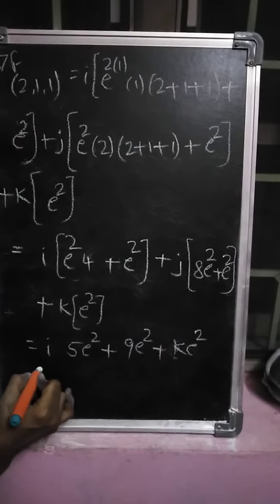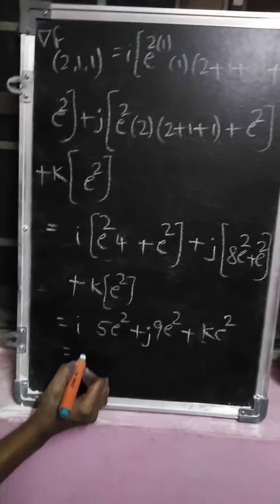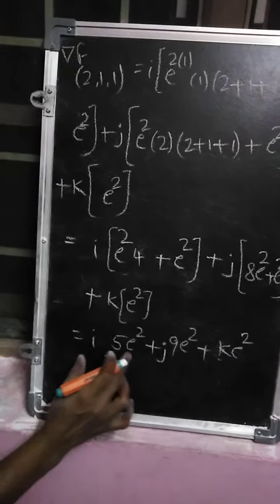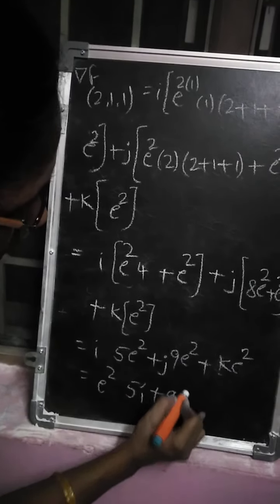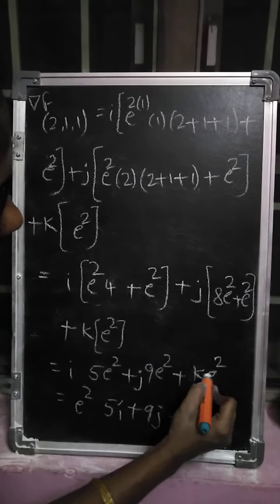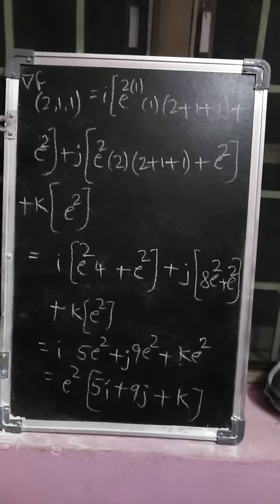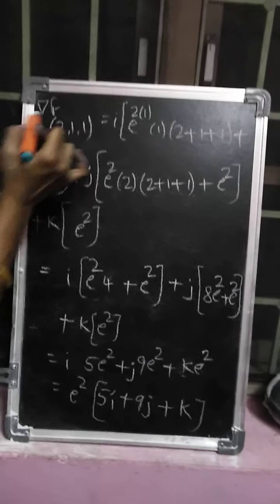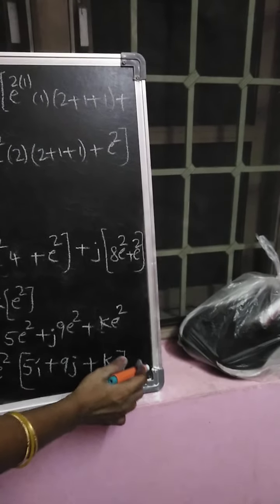Here e square is outside, here j, so e square is outside. So 5i plus 9j plus k. So this is the value of grad f at the point (2, 1, 1): 5i plus 9j plus k.